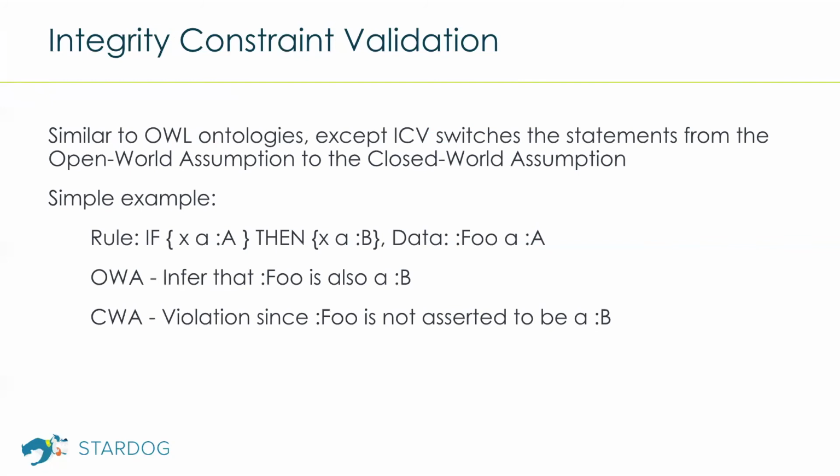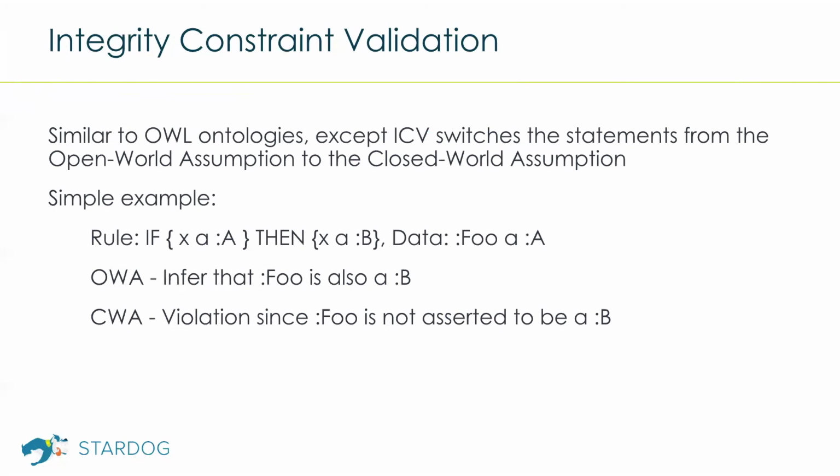So if I have the band The Beatles and I don't have a triple in there that says they're a band from the 60s, open world assumption means they still could be, because I don't have anything telling me that they aren't. The closed world assumption assumes that all of the data I have is all of the data there is. So if I don't have something, that's because it's not true.